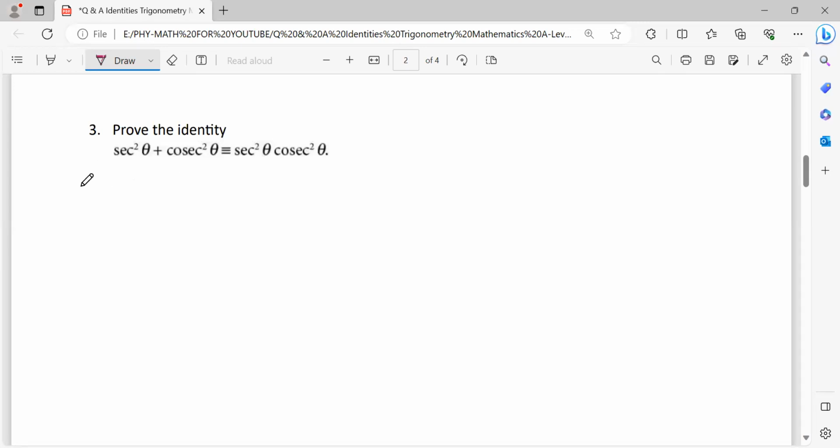Secant theta squared, I'm going to change to 1 over cosine theta squared, plus 1 over sine theta squared.